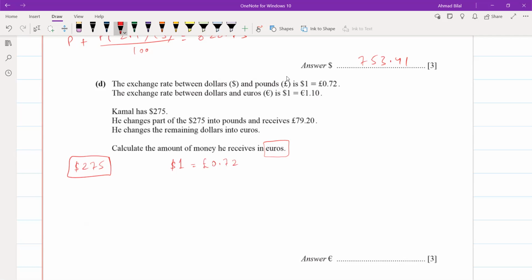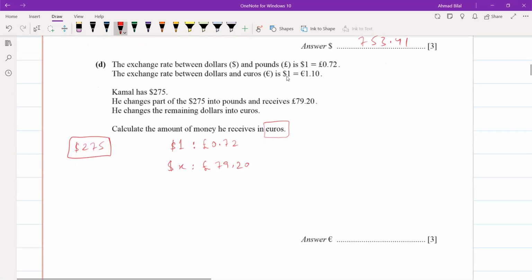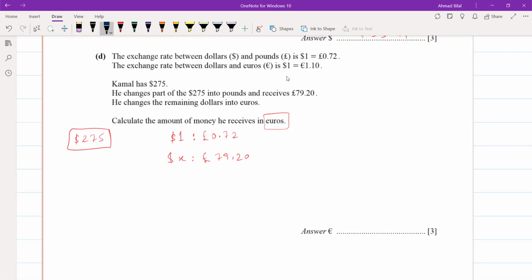0.72 pounds. ठीक है, ये आपके पास यहाँ पे रेशियो है. आपको क्या निकालना है? आपको देखना है कि ये कितने पाउंड्स होते हैं. That is 79.2 pounds. ये कितने होते हैं? ठीक है, this is what you do not know about. आप रेशियो से ये कर लोगे. ये क्या आएगा? You cross multiply, right?